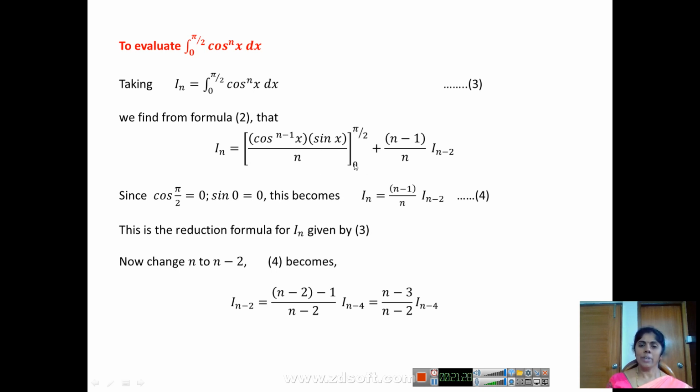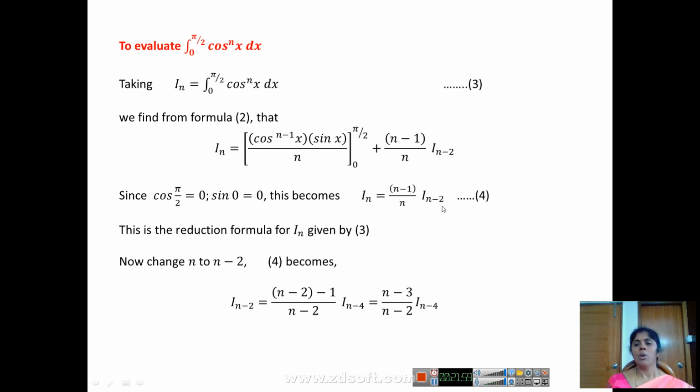Here we can apply the upper limit and lower limit. As we discussed earlier, cos pi by 2 is 0, sin pi by 2 is 1, but cos 0 is 1, sin 0 is 0. If I apply the upper limit as well as the lower limit, the first term becomes 0. So we are left with In equals n minus 1 divided by n into In minus 2.